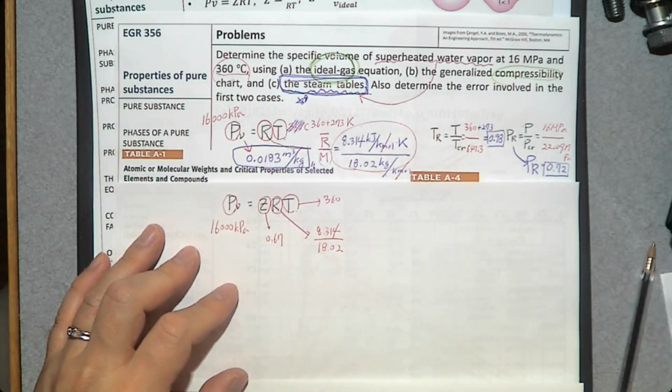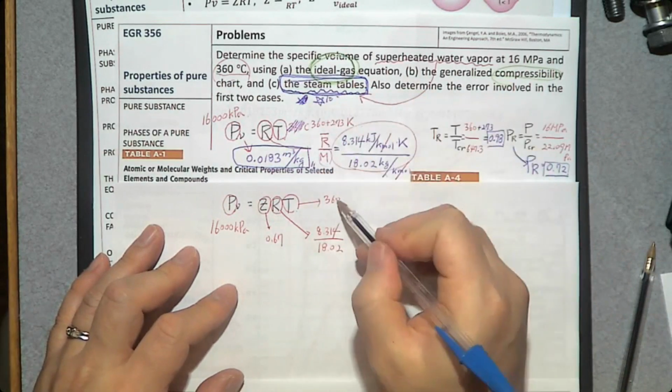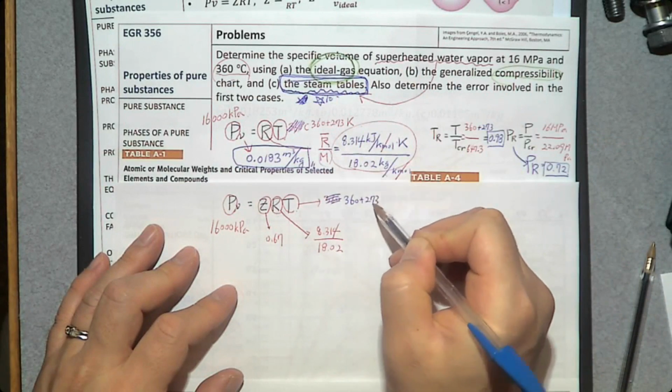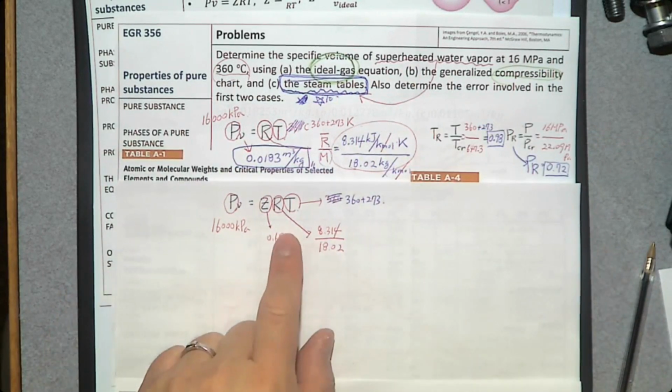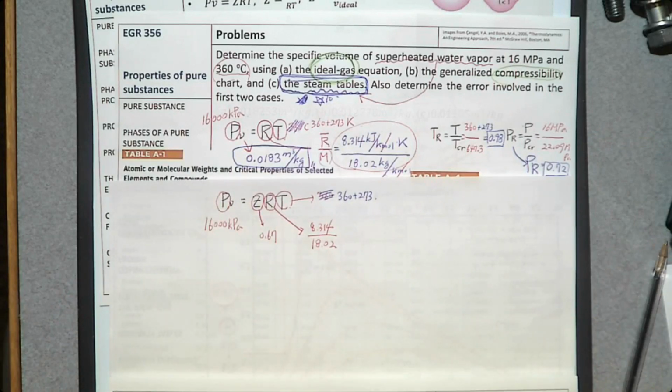So 360 plus 273. Then if you solve this equation, you get the specific volume. So let me do that. 0.0183 times 0.67.